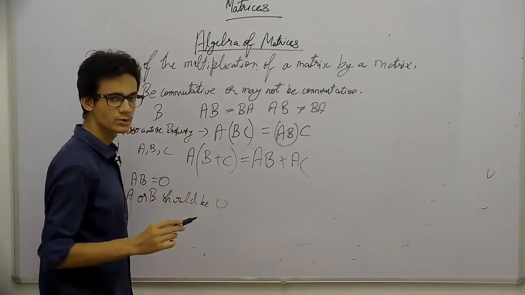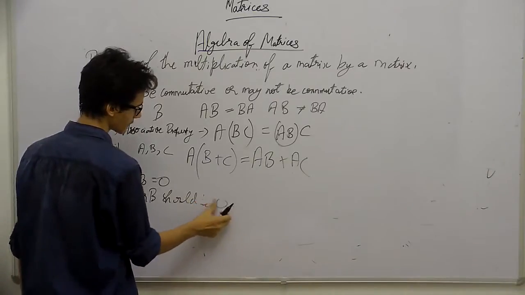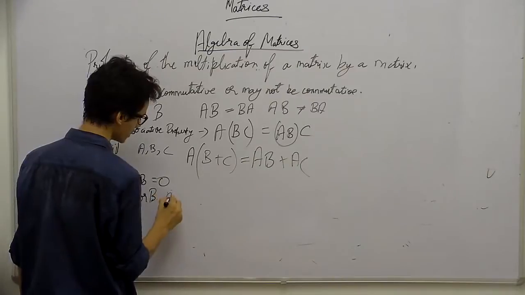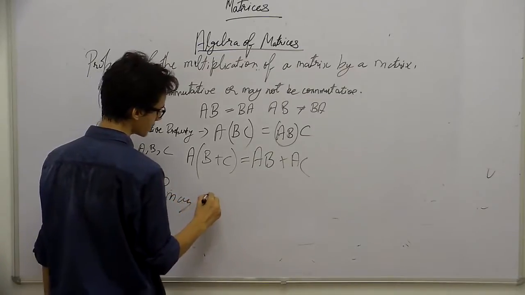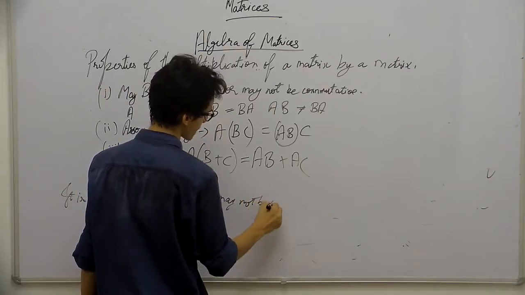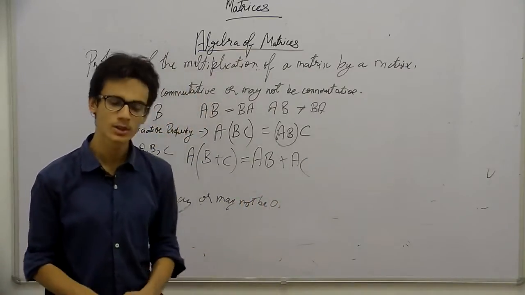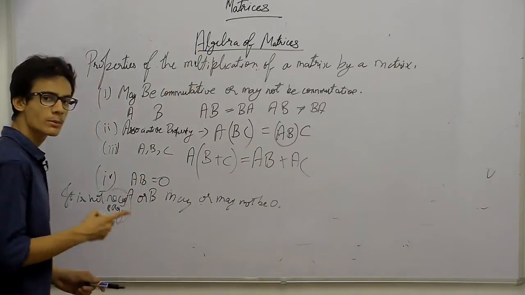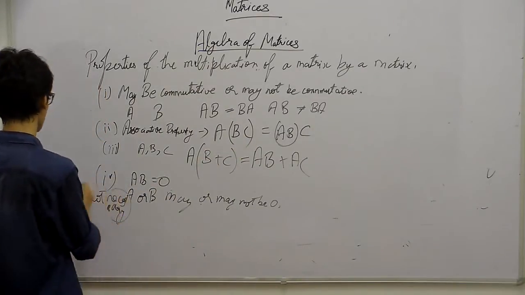I can write it this way: either of A or B may or may not be 0. So let's talk more about the fourth point here. It's a very important point.